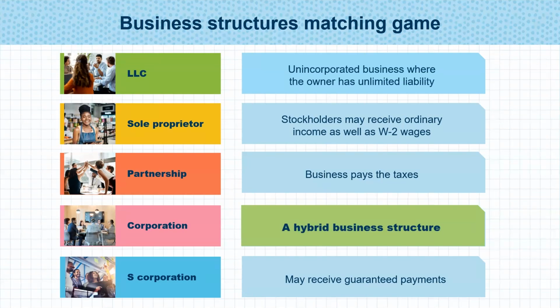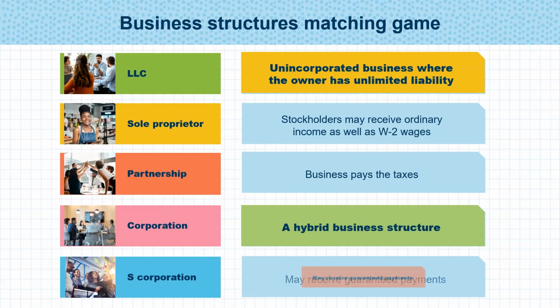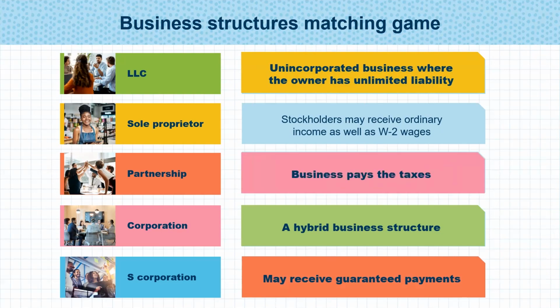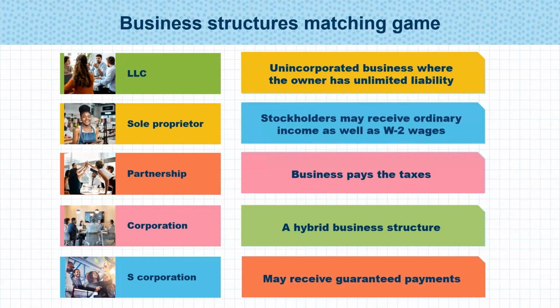The sole proprietor is an unincorporated business where the owner has unlimited liability. For the partnership, the partner may receive guaranteed payments. For the corporation, the business pays the taxes. For an S corporation, the stockholder may receive ordinary income as well as W-2 wages.